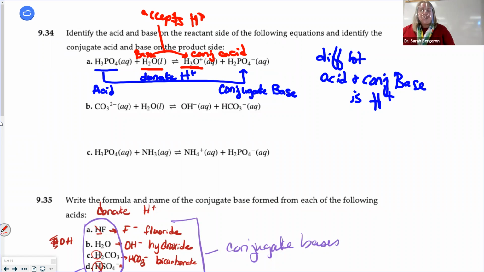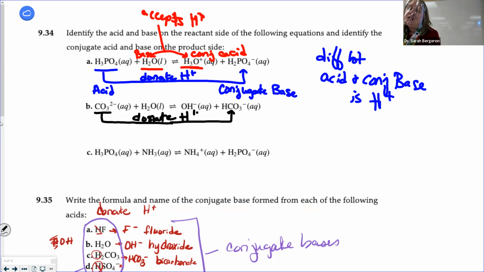So look at B. CO3 2 minus plus water yields OH minus and HCO3. What I like to do is look at that and say, okay, which one is closest to CO3? HCO3. So what happened there? I lost, or I donated, keep the same vocabulary, donate H plus. So if I donate, I did not donate.